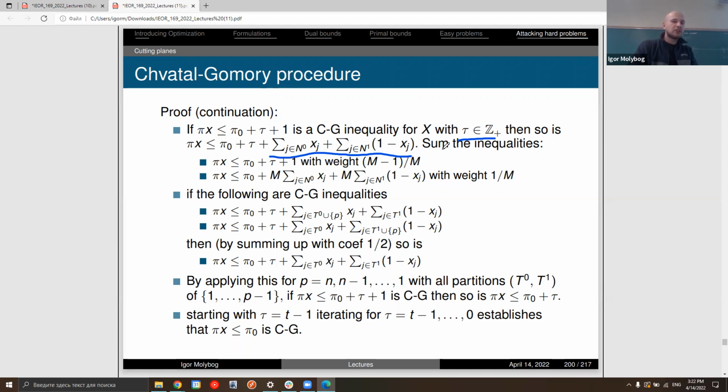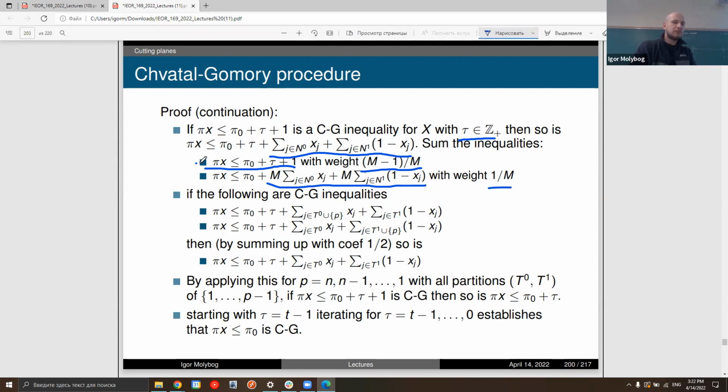So we can prove this statement by summing up the inequalities. The first inequality is pi x less than or equal to pi 0 plus tau plus 1. This inequality is going to be summed up with the weight (m minus 1) over m. And the second inequality is going to be pi x less than or equal to pi 0 plus this thing over here that we have already proven, with weight 1 over m.